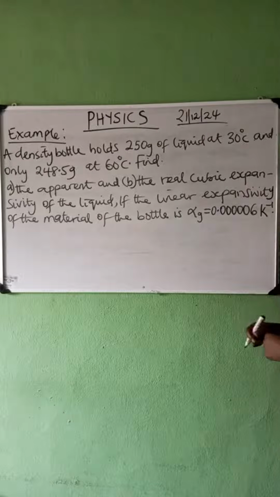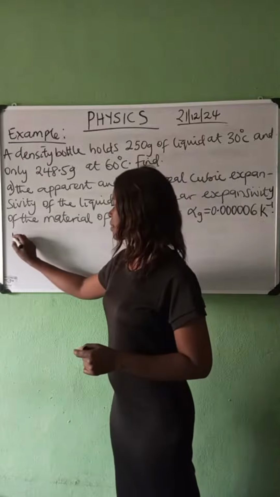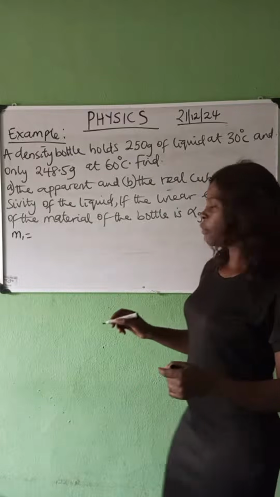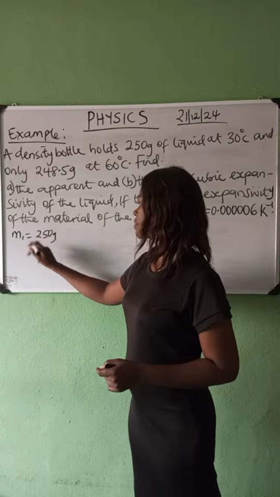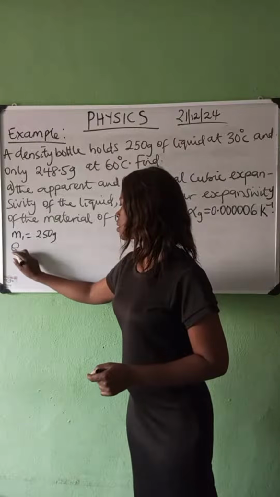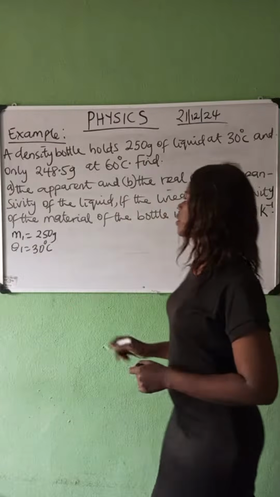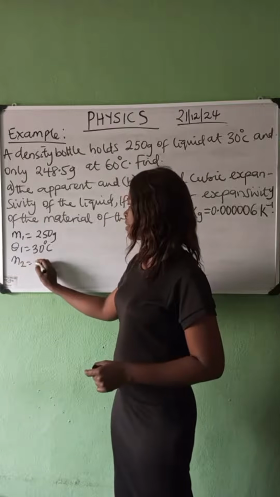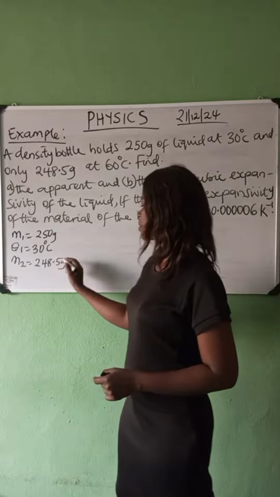Now, for us to solve, let us set our parameters. The first mass, my M1, is 250 grams, and my theta 1 is equal to 30 degrees C. Then my second mass is M2, which is given as 248.5 grams.